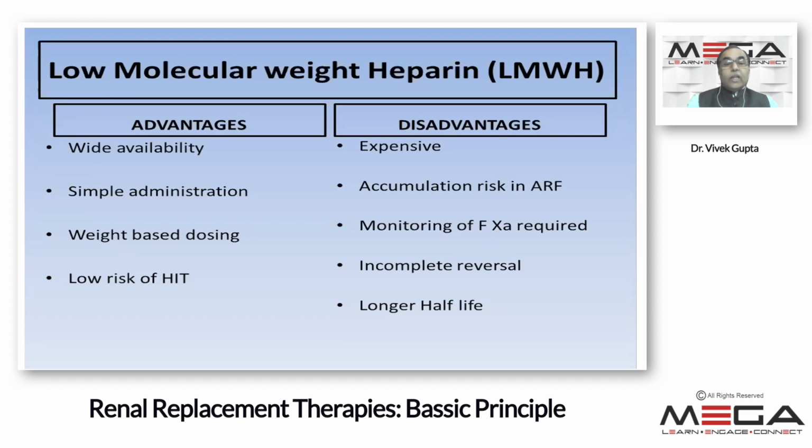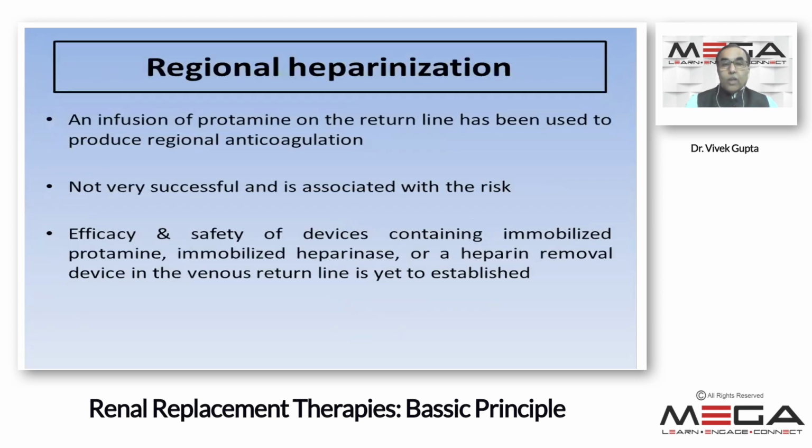The advantages: it's available, simple administration, weight-based dosing, and low risk of heparin-induced thrombocytopenia. But again, it's expensive, you need to monitor factor Xa, and it has a longer half-life. And if you want to reverse it, you can't, because you don't have any drug to reverse the action of low molecular weight heparin.